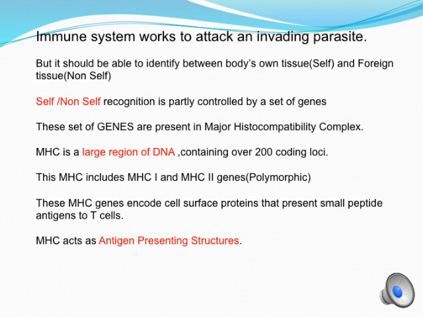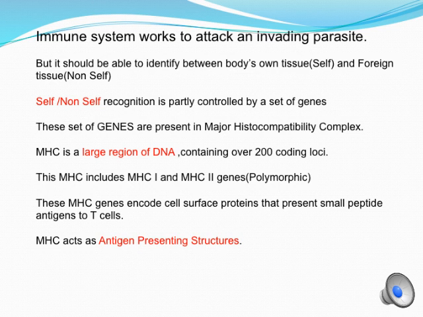In this topic, while we are studying the major histocompatibility complex, we need to understand primarily that the body's own tissue and foreign tissue are something towards which our immune system acts.